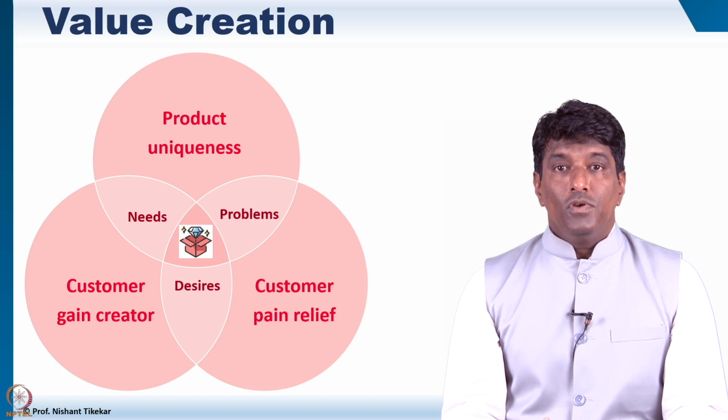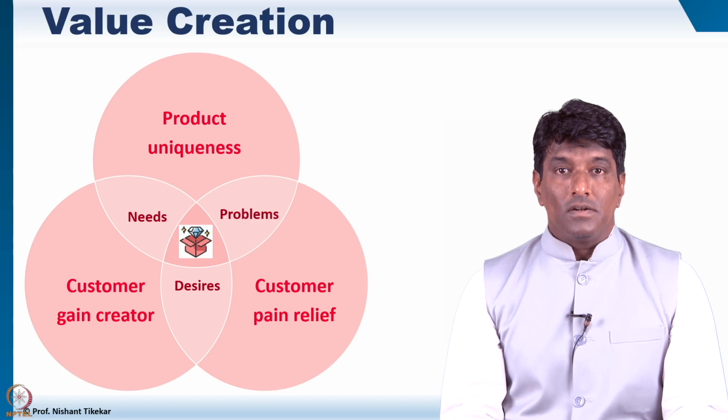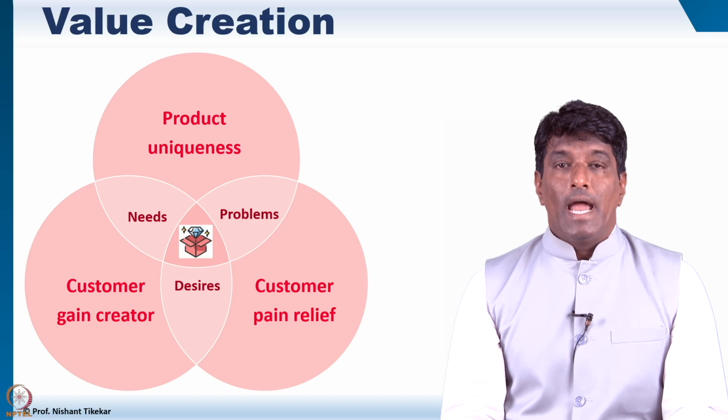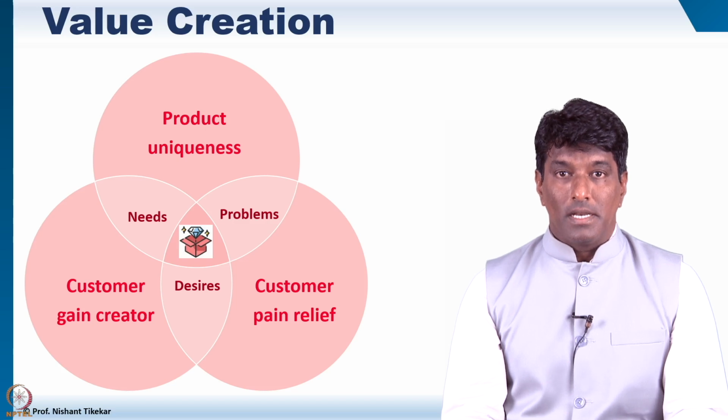At the same time, your product should provide some kind of pain relief for the customer or be a gain creator for the customer, and directly address the customer desires, the customer needs, and solve the customer's problems. Only when you get this golden triad right do you have the right golden product or a diamond-like product that is ready to be launched in the market.